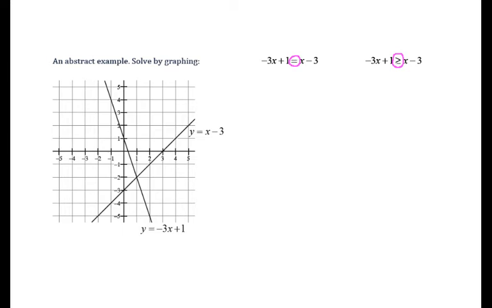In both cases, we're going to start by considering just y equals the left-hand side of the equation. So that gives us y equals negative 3x plus 1. And think about what that graph would look like. For our first pass through, the graphs are already drawn for us, so I will just call our attention to that graph right here, and y equals the right-hand side of the equation, y equals x minus 3.